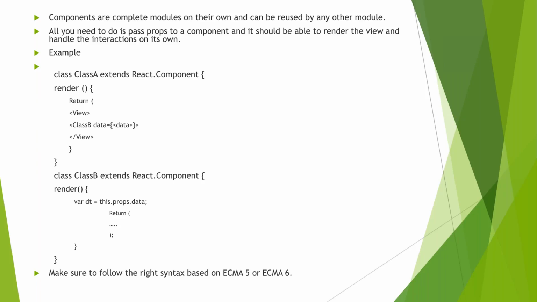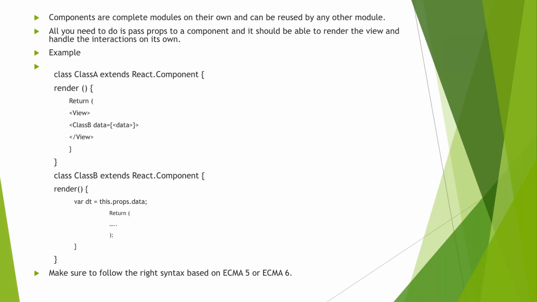If you see this example that I showed you here before, class B was being called with data. Now this data is just a string. You can write anything on the left side of the equal sign, any custom key that you want. On the right side of the equal sign, you have to pass the actual data.